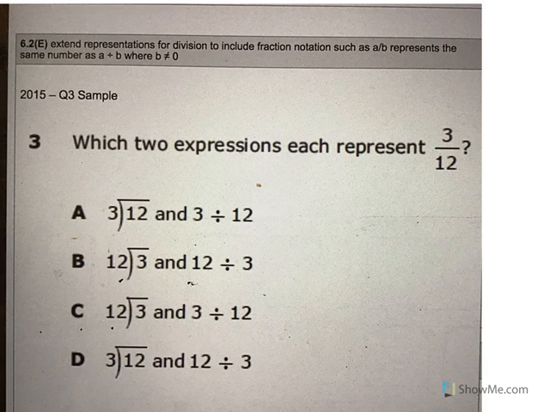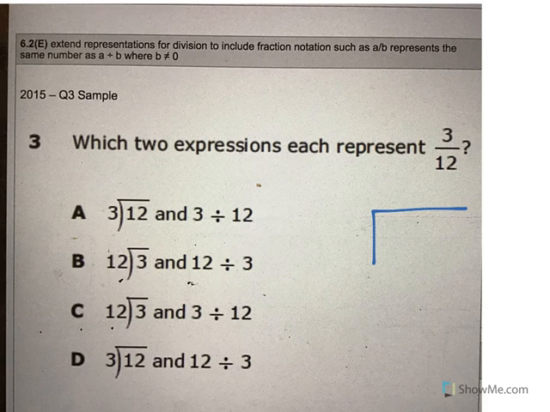All right. Very similar question on 6.2e. This is from the 2015 test. Which 2 expressions each represent 3 over 12? Okay. Which 2 expressions each represent 3 over 12? So the first thing we're going to do is look at a traditional division problem.